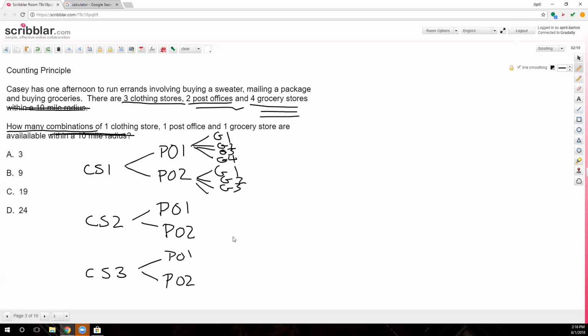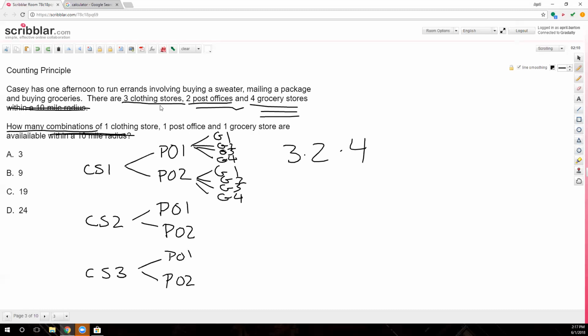time consuming. These tests are timed, so it's easier to just use the counting principle. And the counting principle states that instead of having to write it out all like this, you can just multiply your options together. 3 times 2 times 4. It's a lot of explanation for a super simple process. Multiply these together.